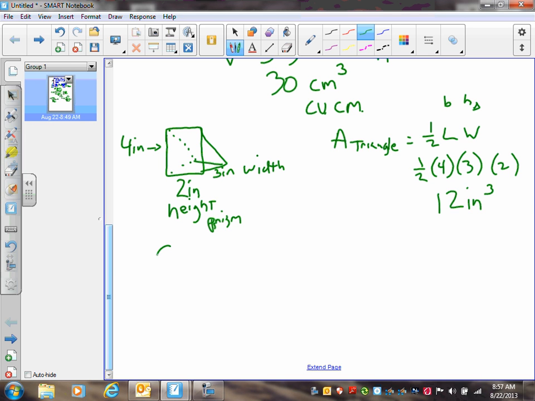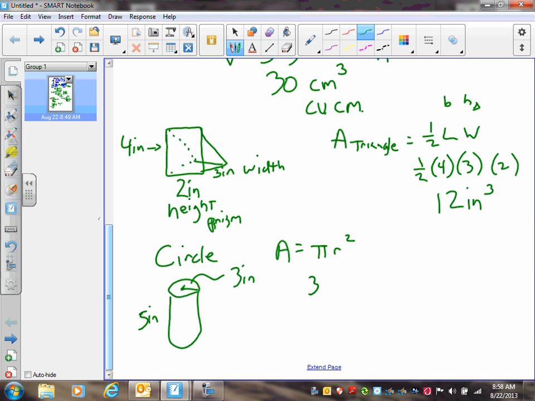A circle, the base area is pi r squared. So, if I have a cylinder, and they tell me that the radius is 3 inches, and the height is 5 inches.